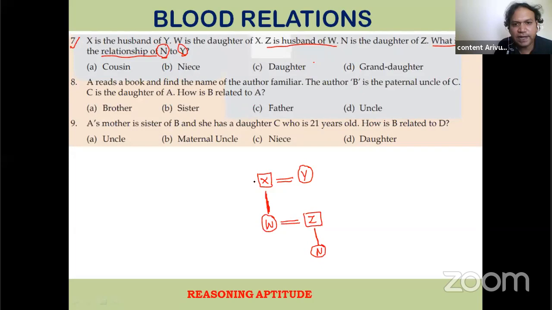So that means grandparents and grandchildren. Since N is a female, we can say N is the granddaughter of Y. And that is why the answer will become answer option D. That is for question number 7.